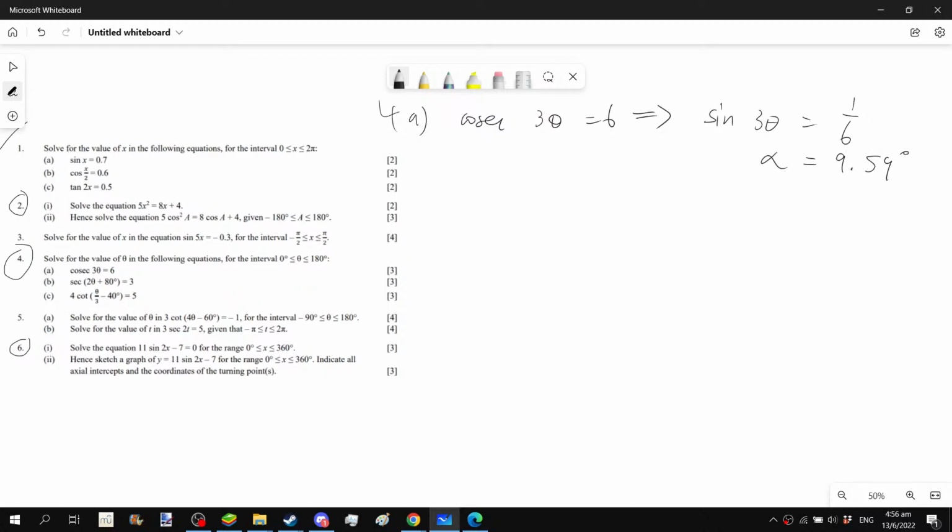9.59 degrees. Only problem is the range of values is now sandwiched between 0 and 540 because we're working with 3 theta, not regular theta. Given that we have 3 theta, then you can just go on to find all the possible quadrants.